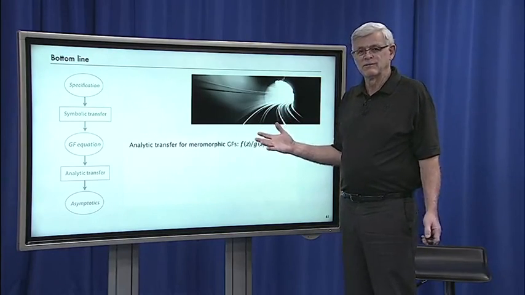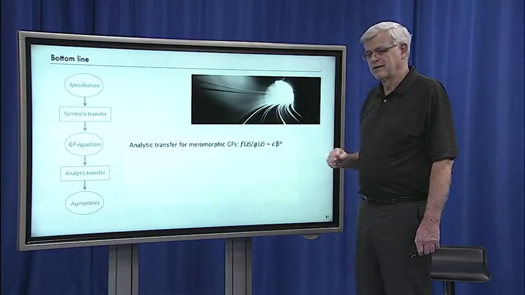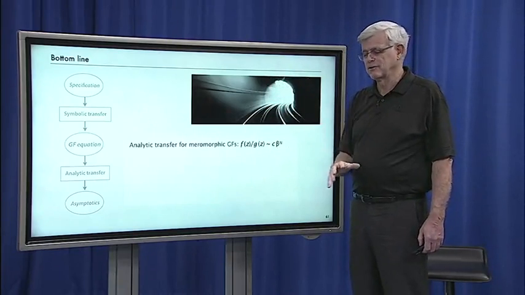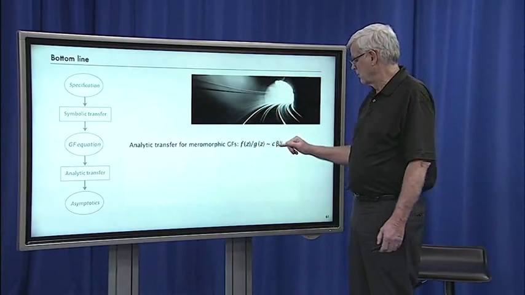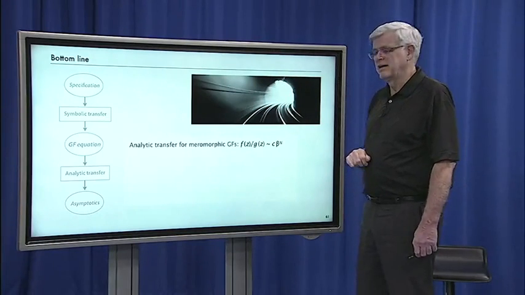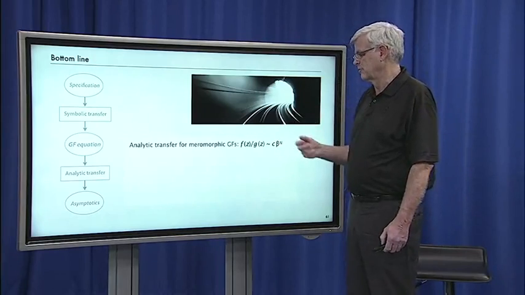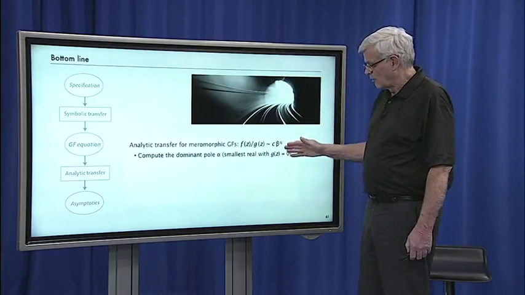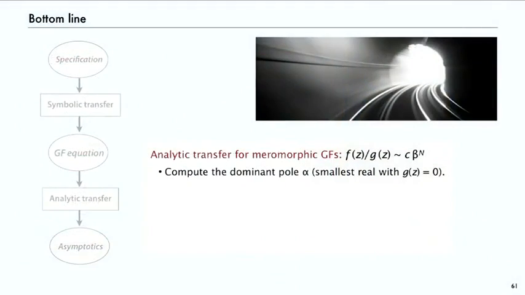In most of the cases that we have considered in terms of combinatorial classes, the poles are order 1, so the growth is a constant times beta to the n, where beta is 1 over the closest root to the origin. So all we have to do is compute the dominant pole. Now that's the smallest root where the denominator is 0.